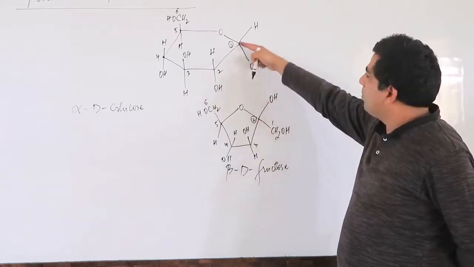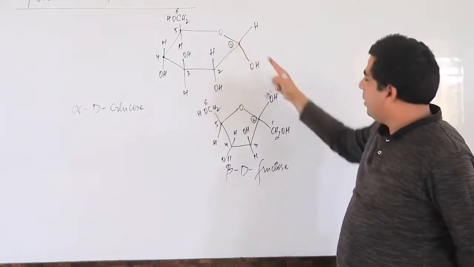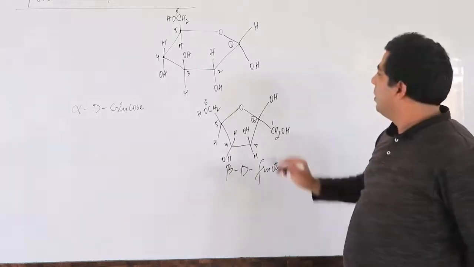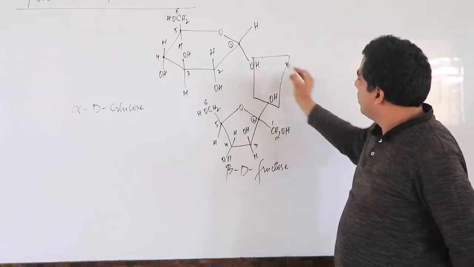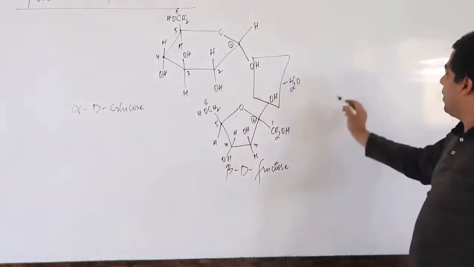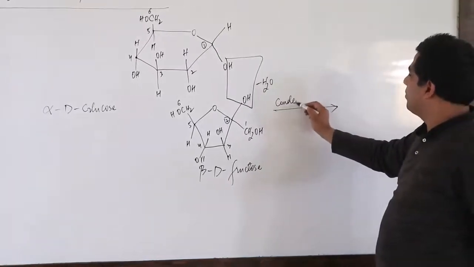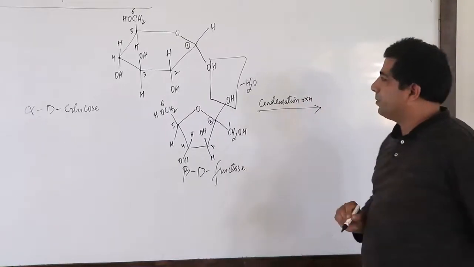So this bond is formed between two anomeric carbons. This bond is formed, so let's take it out. There is a loss of an H2O molecule, so it's a condensation reaction, because there is a loss of a water molecule.